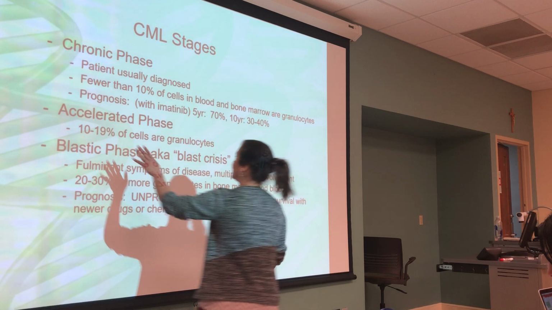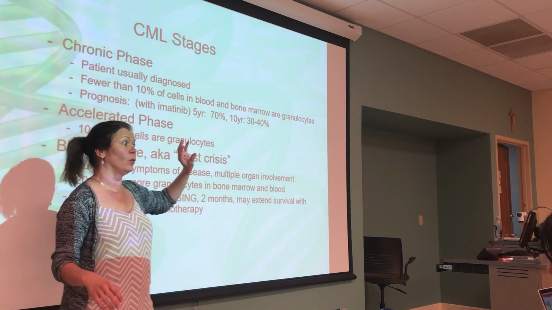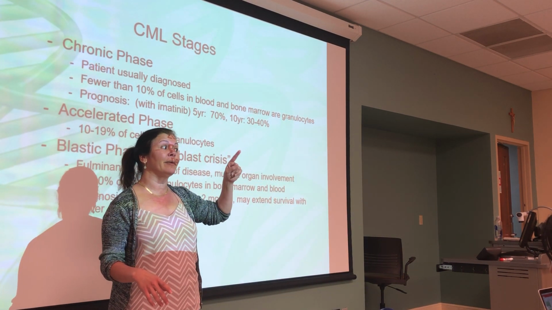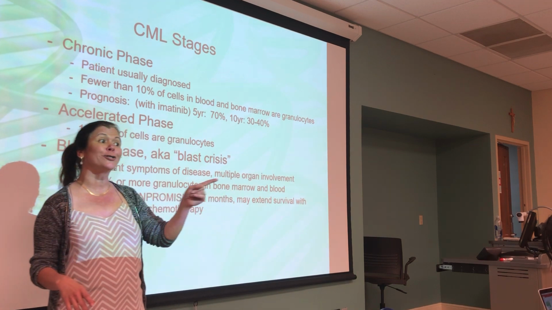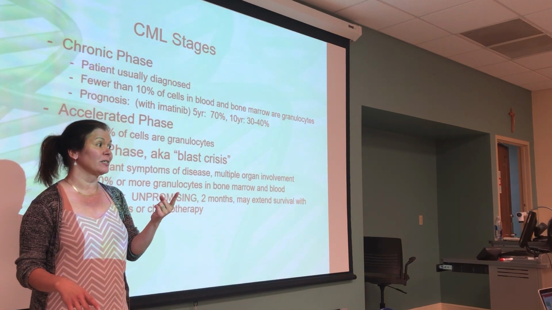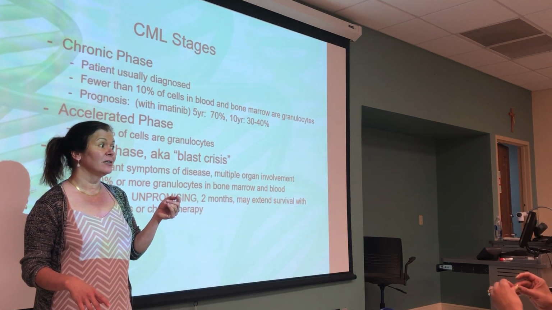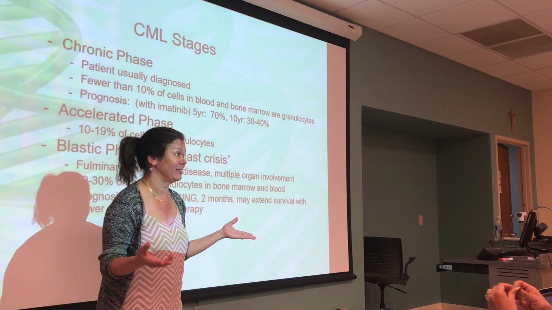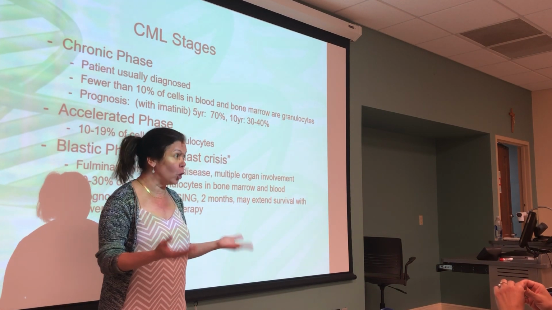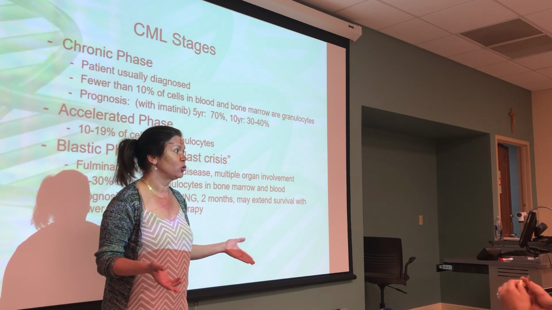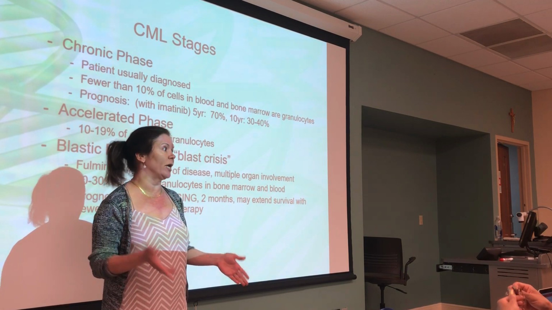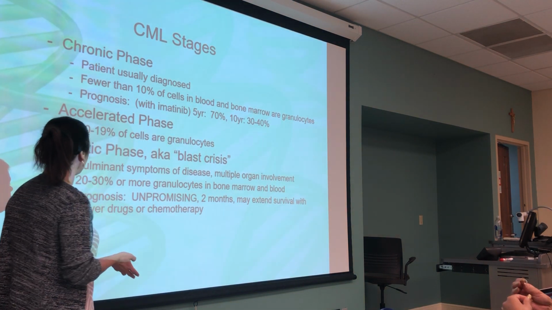Since CML takes so many years to show symptoms, sometimes the patients present in blast crisis, and that could be their only first presentation. So if that's the case, you have to do aggressive induction therapy in these patients.